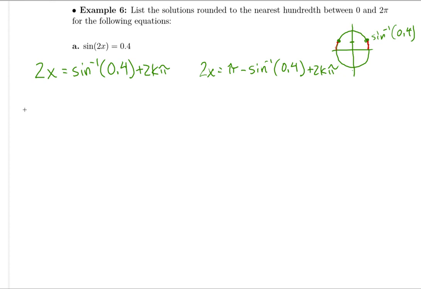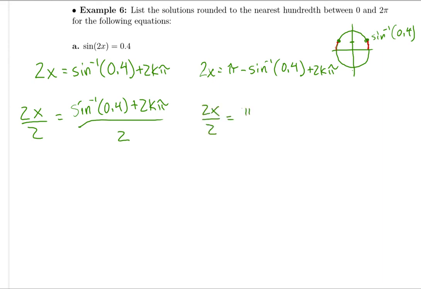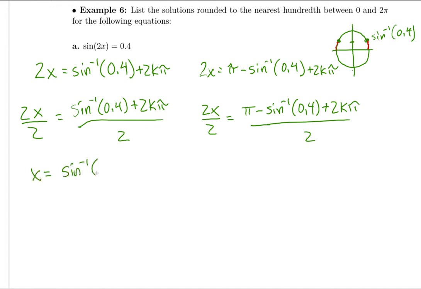And then in both cases, we can divide by 2 on both sides. So I end up with x equals the sine inverse of 0.4 over 2 plus k pi.